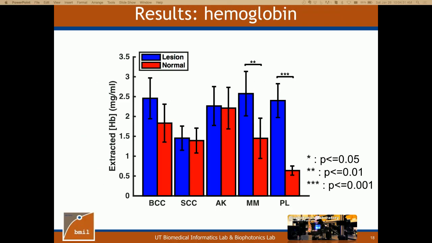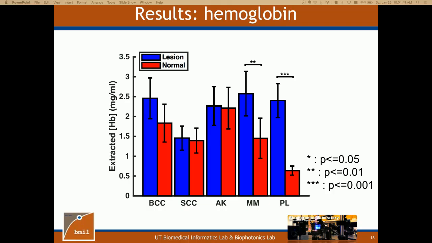You may wonder, the pigment lesions are not cancers. Why do they also have higher hemoglobin concentration? I have to admit that that's a hard question for me.